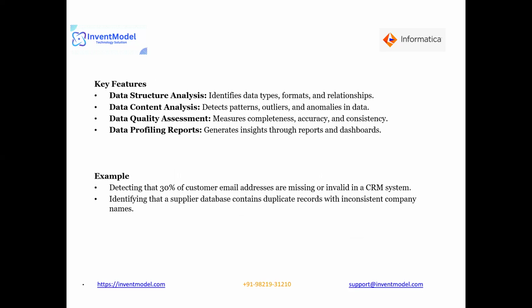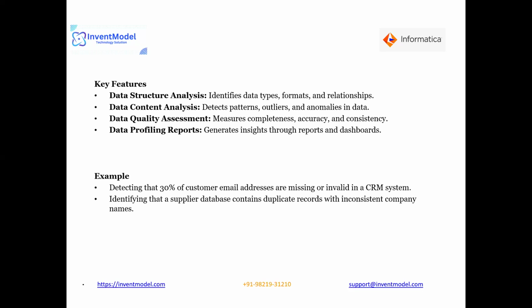So what are the key features? Data structure analysis: identify data types, formats, and relations. So in the data structure analysis, we identify the data types, what are the relevant data types, what are the formats for the data, and if there are any relations between the data, we establish those relationships as well.